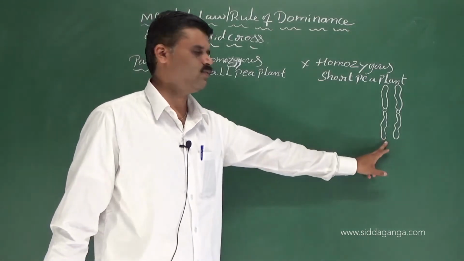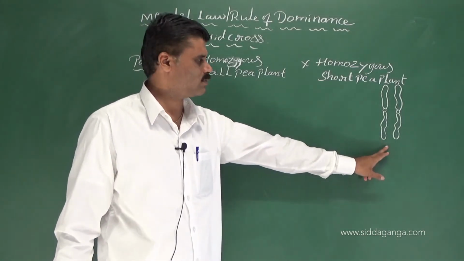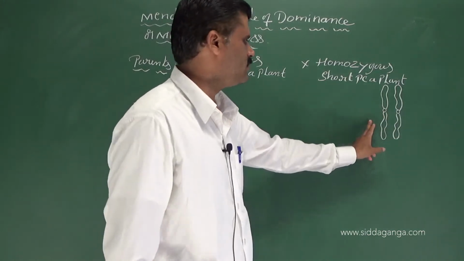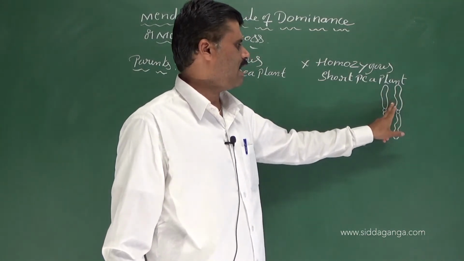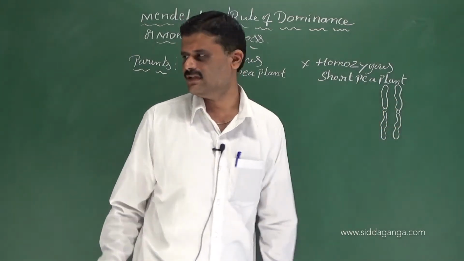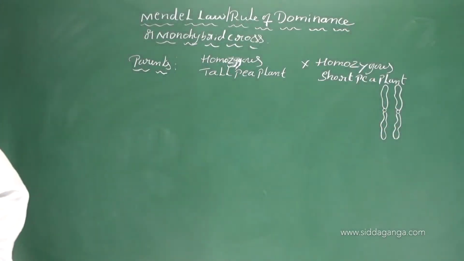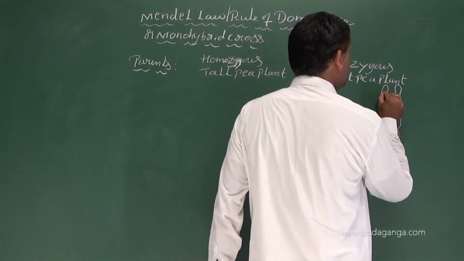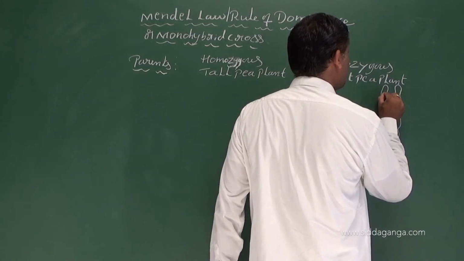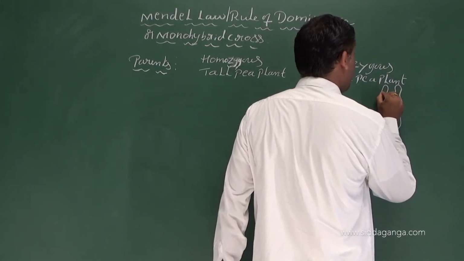Homologous chromosomes are those chromosomes which are similar in size, structure, number and arrangement of genes. Now, the homologous chromosomes contain similar type of genes.